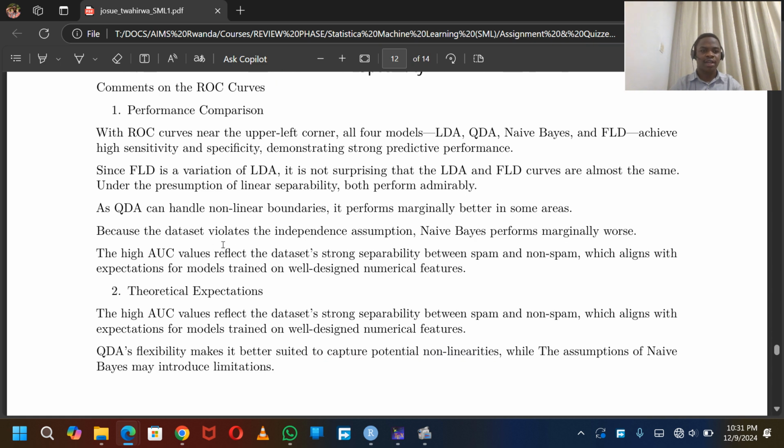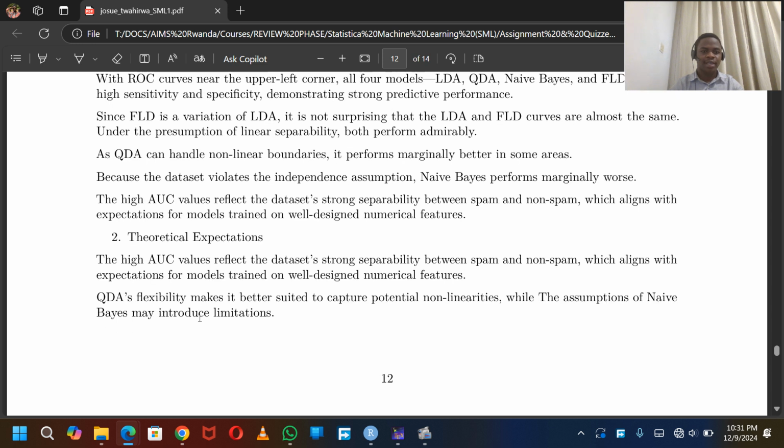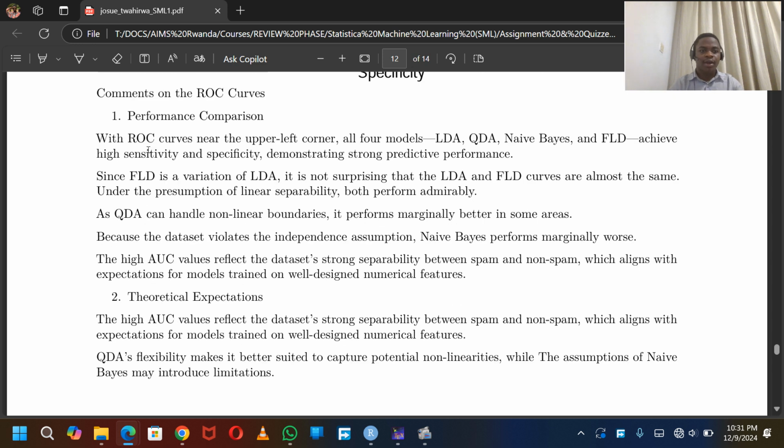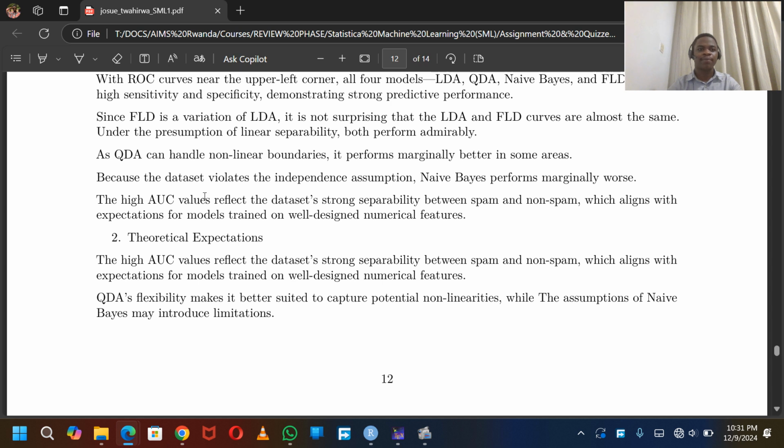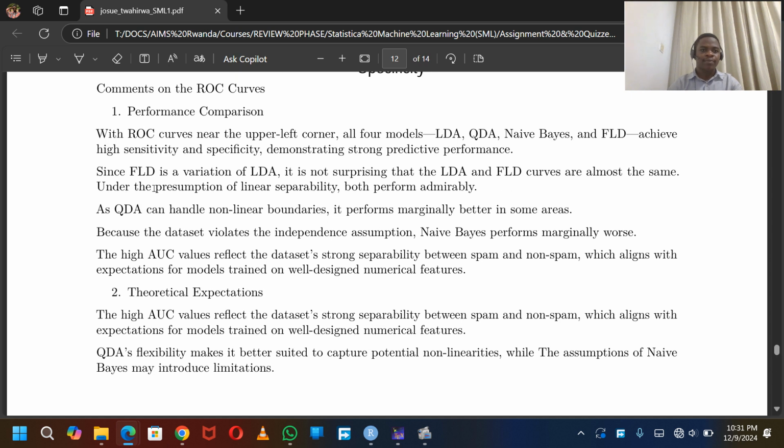With these ROC curves, at the left corner, you have seen all four models achieve high sensitivity and specificity on my data.